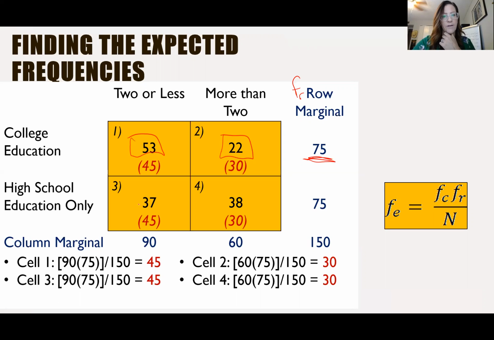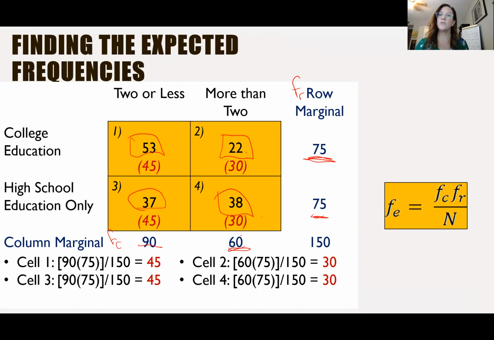Then 37 plus 38 is 75. Again, another frequency row. Then if we look here, for 2 or less, 53 plus 37 is 90. That basically is our frequency column. And for these, 22 plus 38 is 60. So those are our frequency columns.